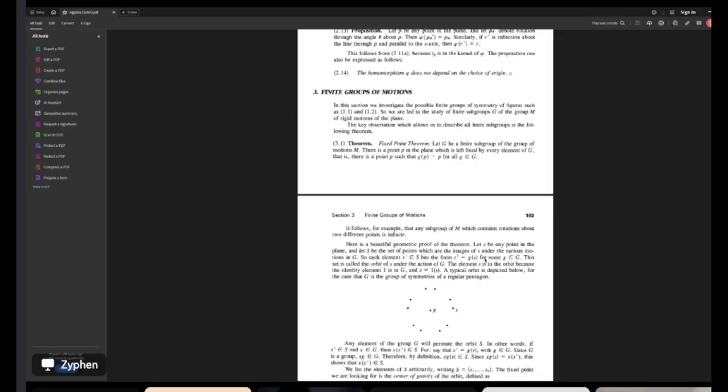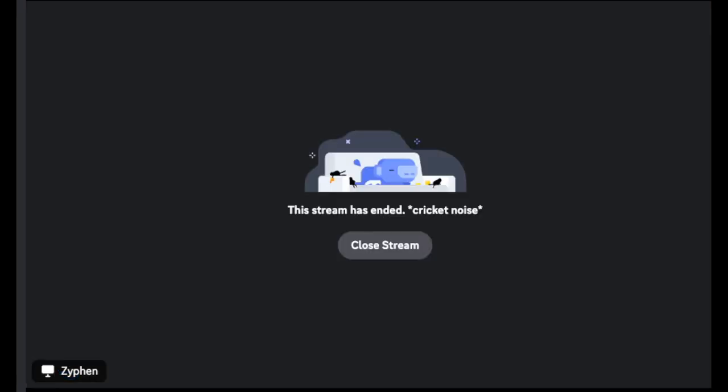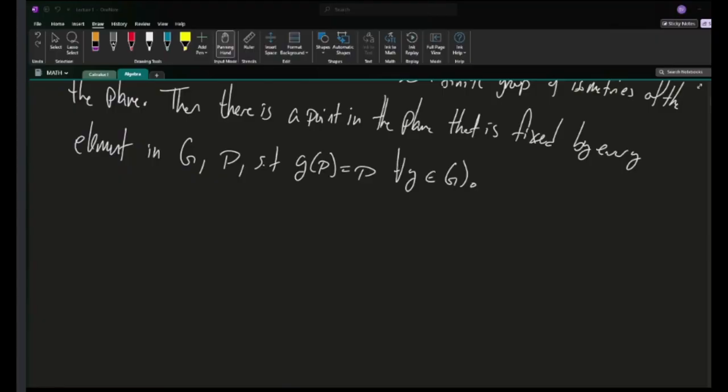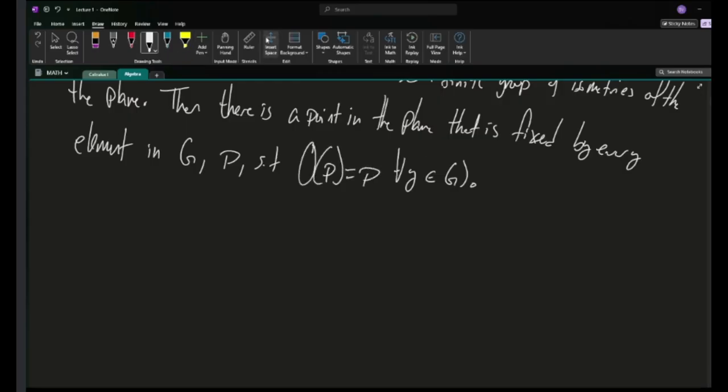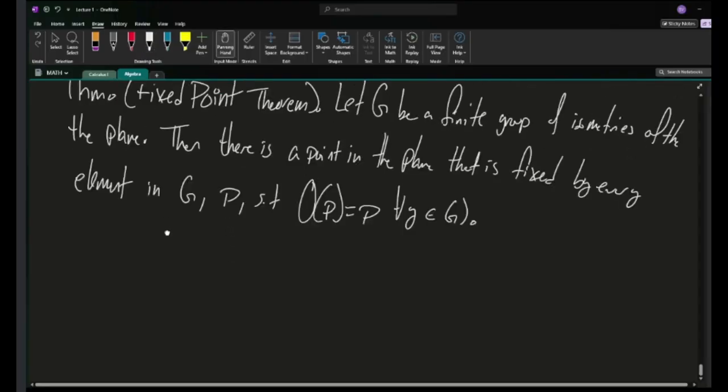Okay, I see. So O of P is equal to P for all g in G.